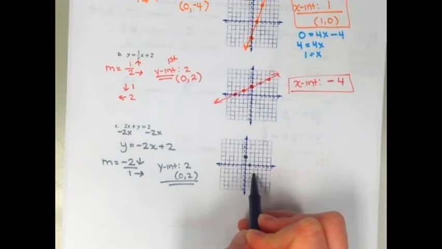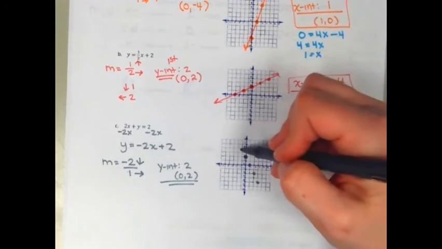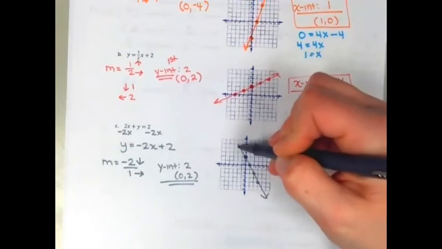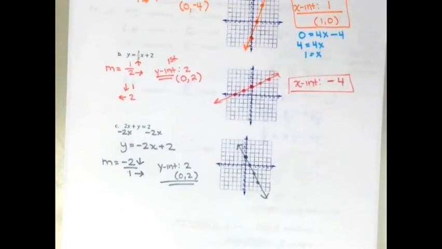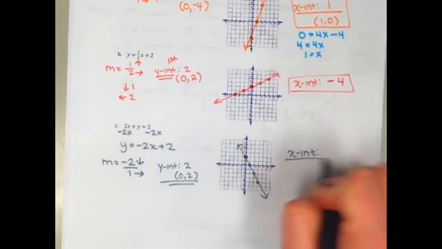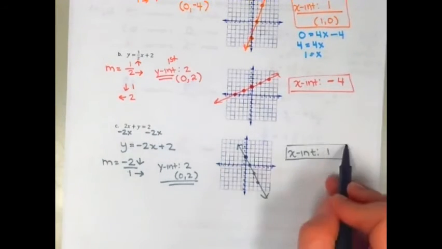Did we cross the x-axis? Yes. So do I need to do any more points? Now, what is my x-intercept? Where did this cross the x-axis? 1, right?